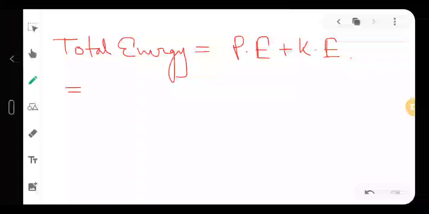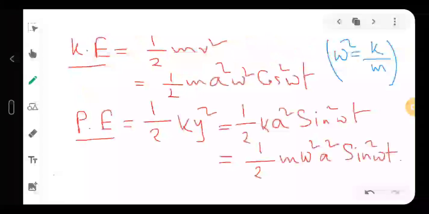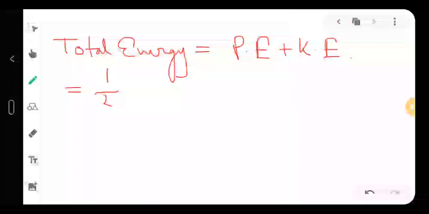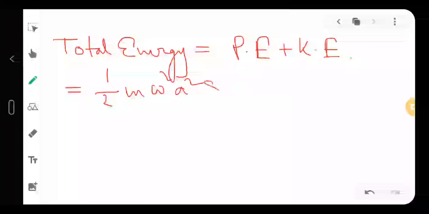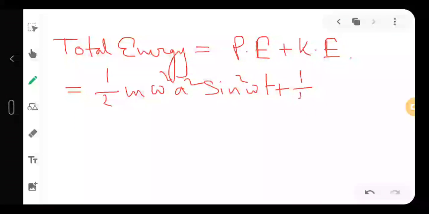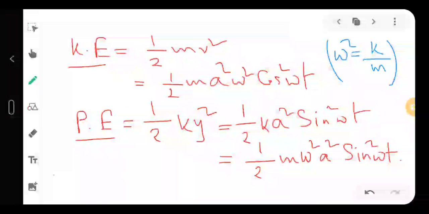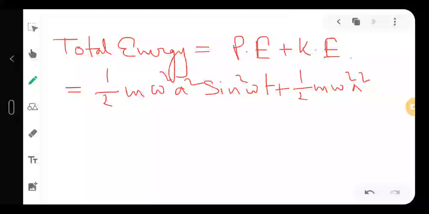So if I just add them, that will be half m omega square a square sine square omega t plus half m omega square a square cos square omega t.